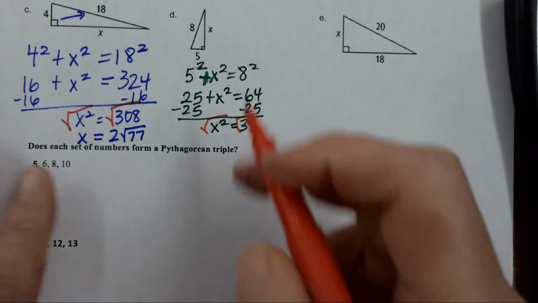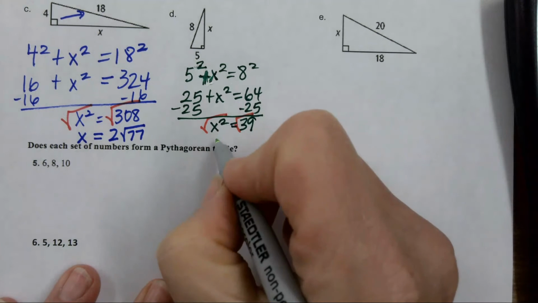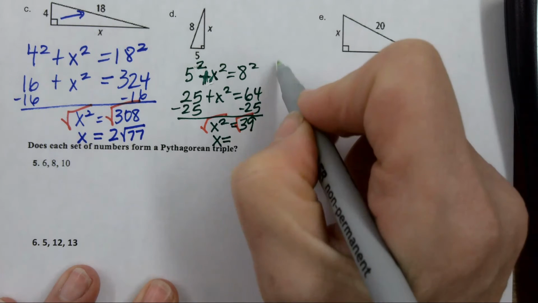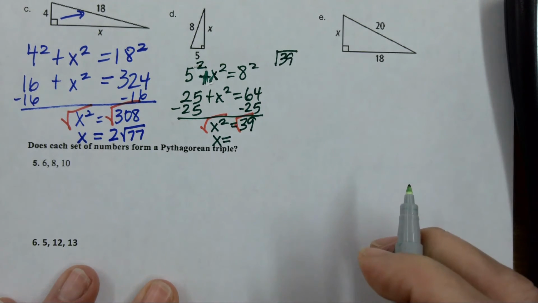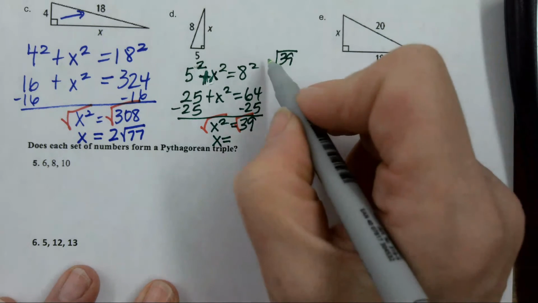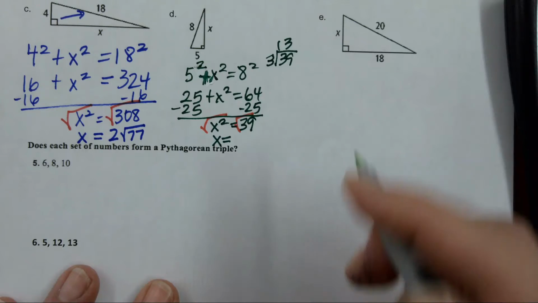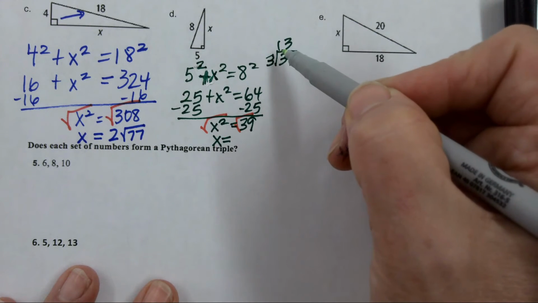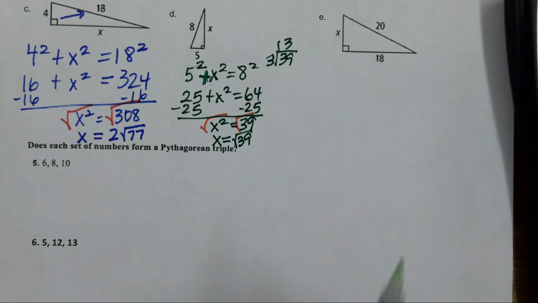I know it doesn't come out evenly, so I'm going to have to try to simplify this. So off to the side I take 39. Does 2 go into 39? Does 3? Yes. How many times? 13. Does anything go into 13? Do I have any pairs? So I'm done right here with the square root of 39. That happens to be the simplest radical form.